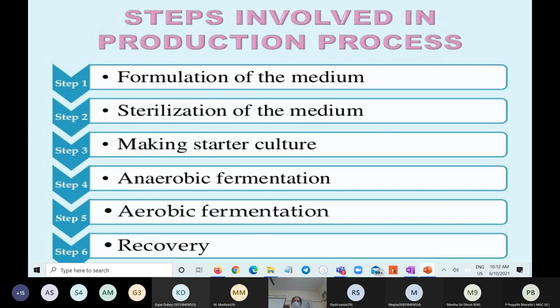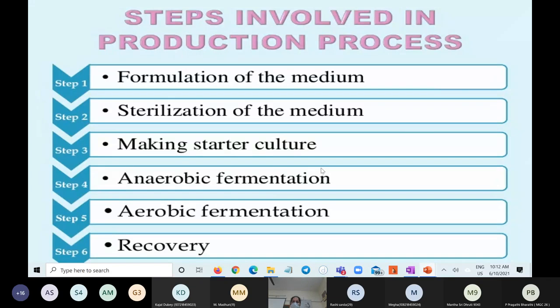Thirdly, making the starter culture. Because of the microbial reaction, we need to inoculate the fermentation media with certain microbes, so making the starter culture is step 3.